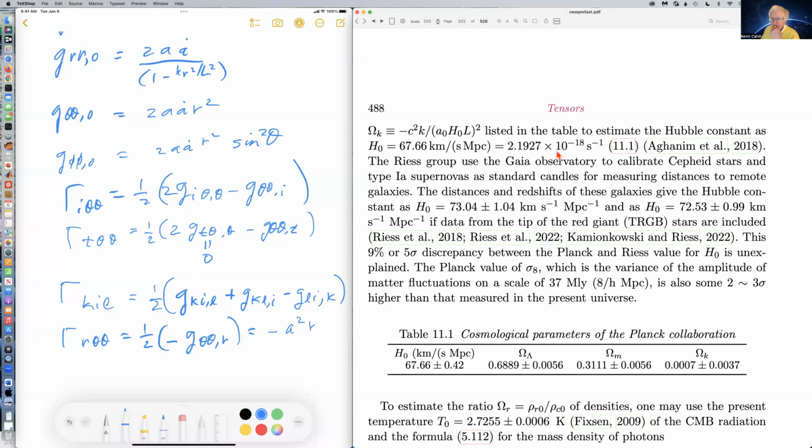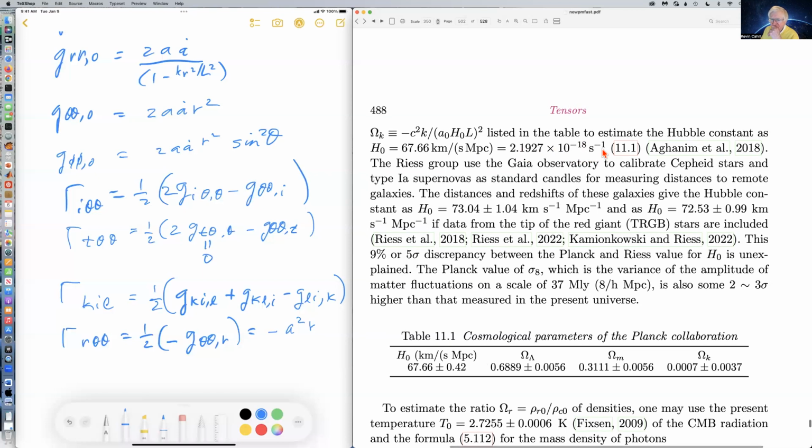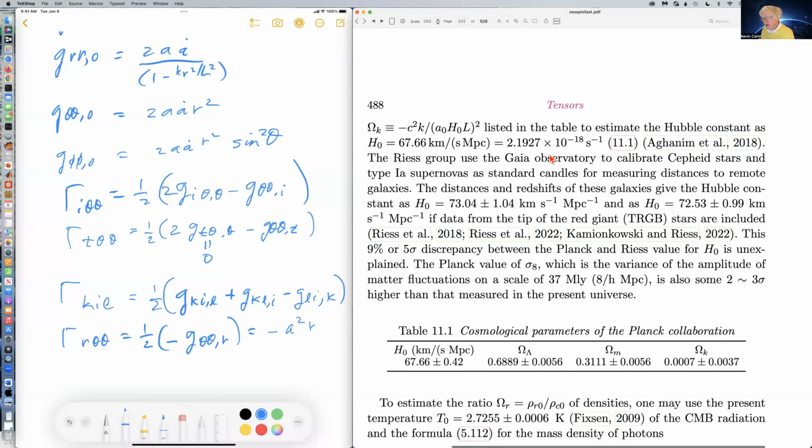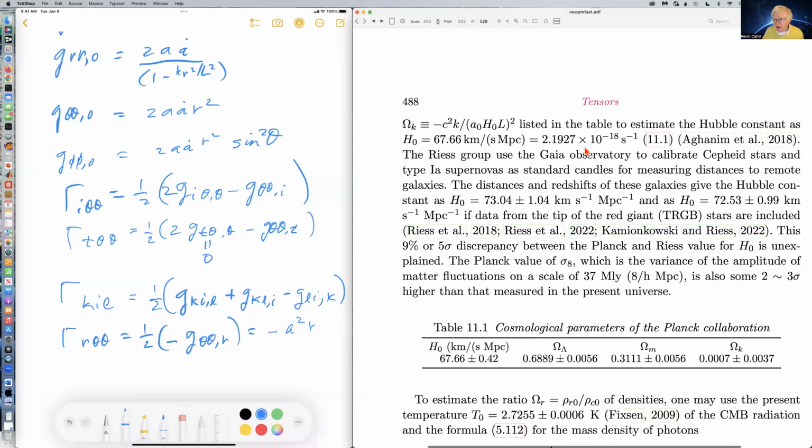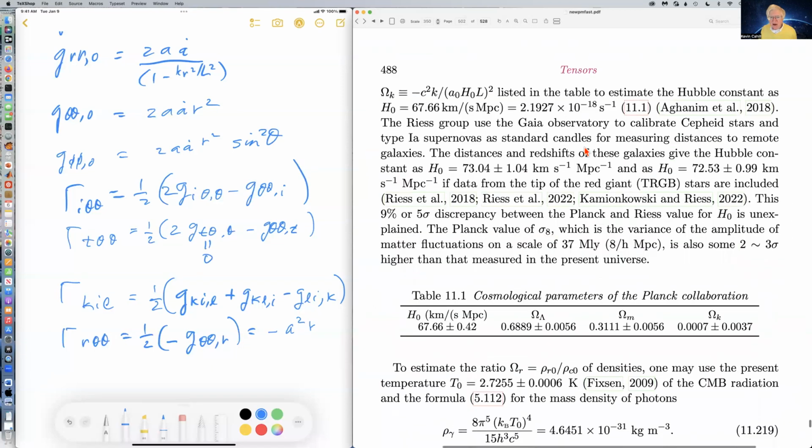The present Hubble frequency then is 2.2 times 10 to the minus 18 inverse seconds. So it's very, I'm sorry, very low frequency, 10 to the minus 18 per second.